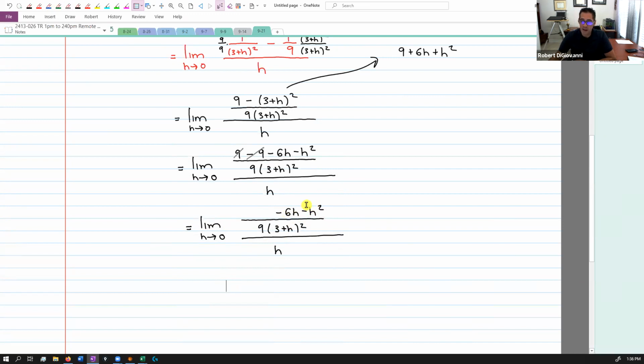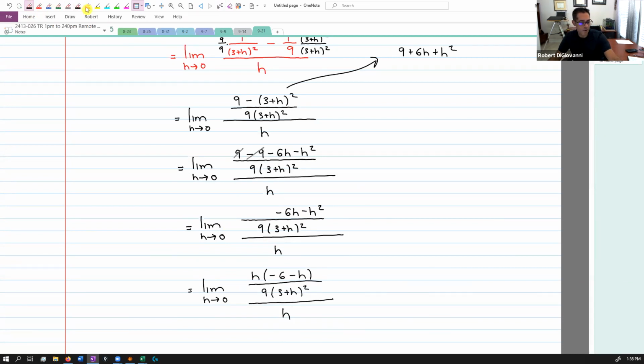Because these two both have h's. So I'm going to do that. Pull that h out, I'm left with -6 minus 1h there, all over the 9 times 3 plus h squared. All of that still over h.